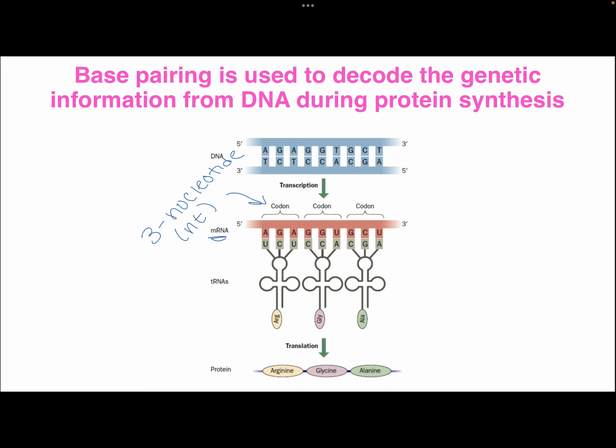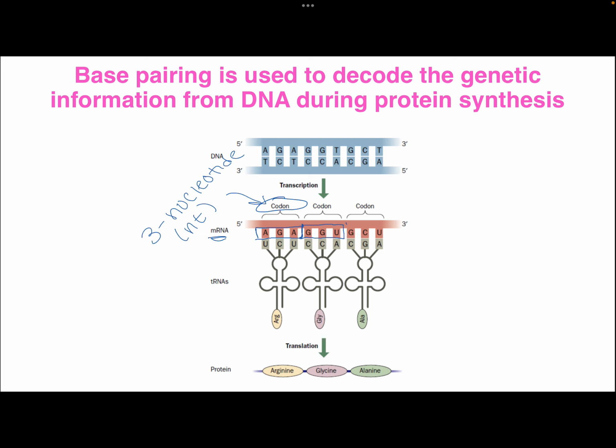So 3 nucleotide words that are typically called codons, and those are on the messenger RNA. So we have these sets of 3 nucleotides.